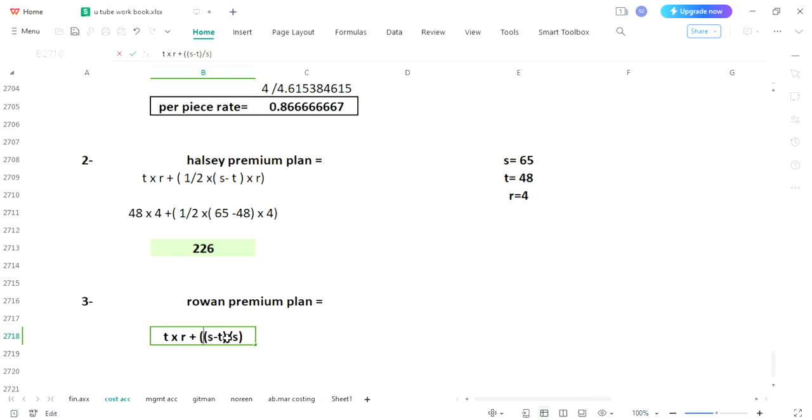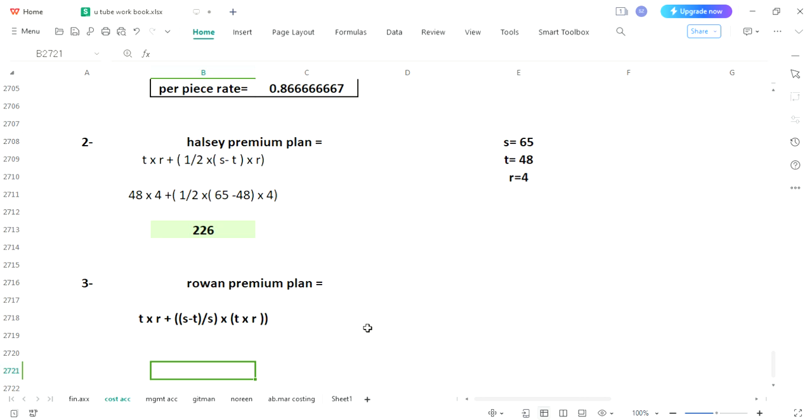So there are two brackets, S minus T over S, okay, and then you need to multiply it with, again with bracket, T multiply by R, and one last bracket would be put over here. Alright guys, in this way you can complete your formula. I haven't seen it from anywhere, I do not have any source. It was in my mind, and believe me, this is the first time I'm writing it over here, so it is required to be expert in your formulas as well.